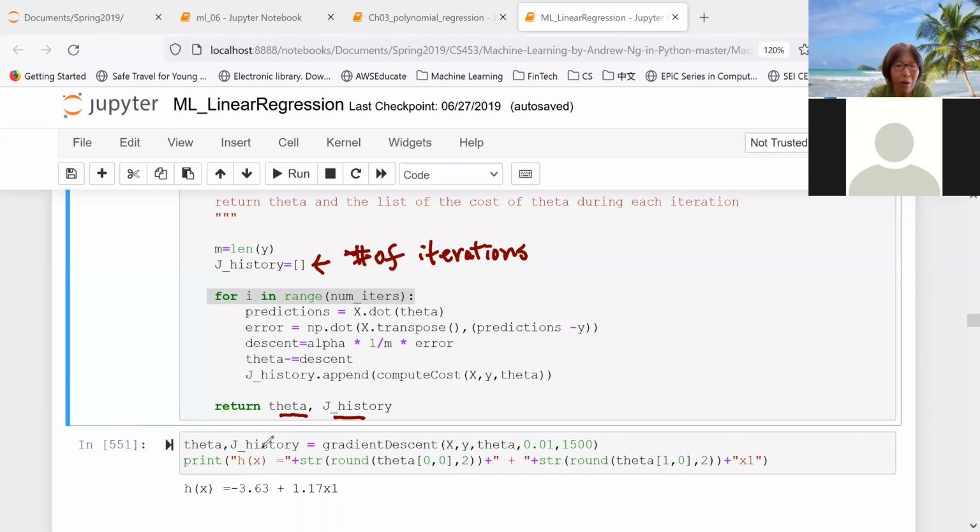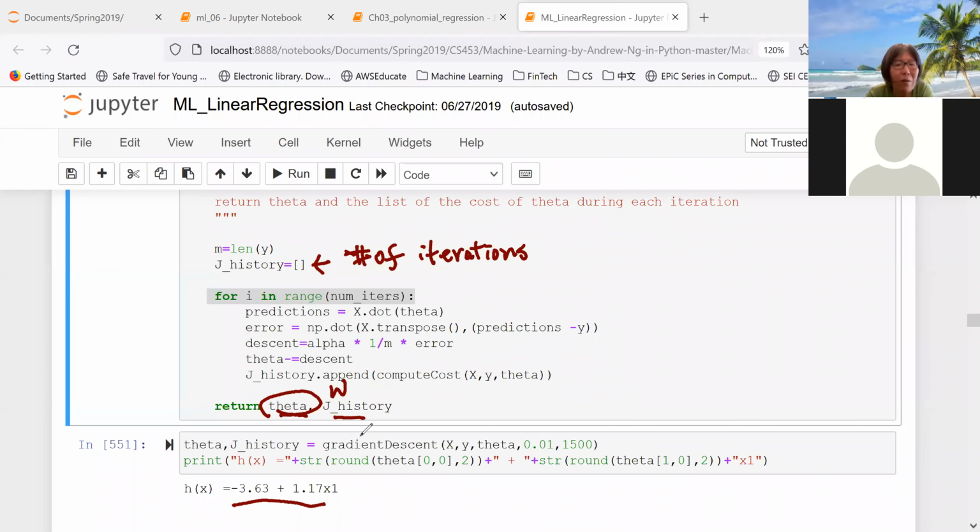Okay. And also you can find the corresponding, oh, I'm sorry, I got messed up. This theta is our weight, okay.